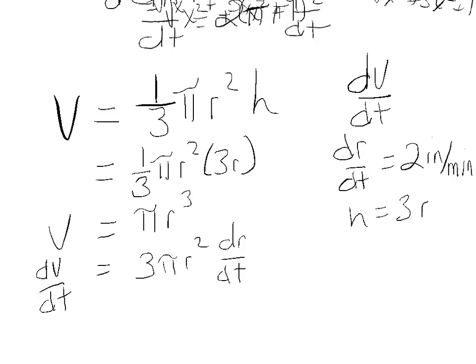Okay, and so we know that dr dt is 2, and it asks us to find the rate of change of the volume when r is 6 inches, and then when r is 24 inches. Can you do that pretty easily now? Yep. You just substitute when r is 6.